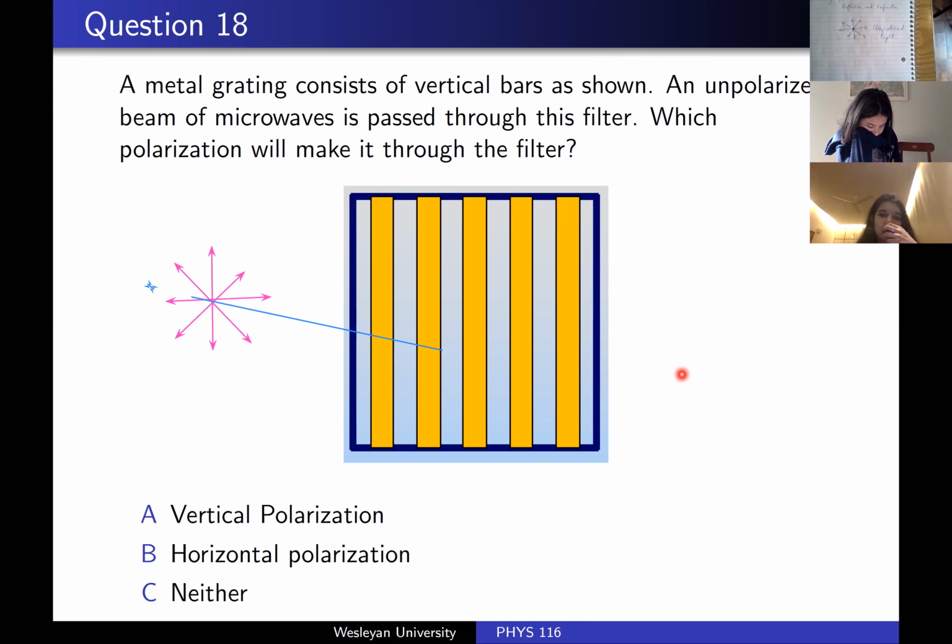Now, we're used to polarizers, for example in sunglasses. So how do those work? We don't have little metal rods there. Instead, what we have are little polymer molecules which are conductive and which respond to the electric field in the light. The electric field in the light will drive electron motion in these polymer molecules, and they play the same role as the metal bars for the microwave filter, and they will cut polarization in some directions and allow it through in others.